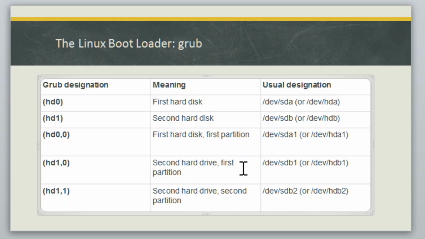Second hard drive, first partition, HD1,0, or sdb1, hdb1. So second disk, b, first partition, 1. And then finally, second hard drive, second partition, HD1,1, which would be sdb2, hdb2. So second disk, b, here, second partition, 2.